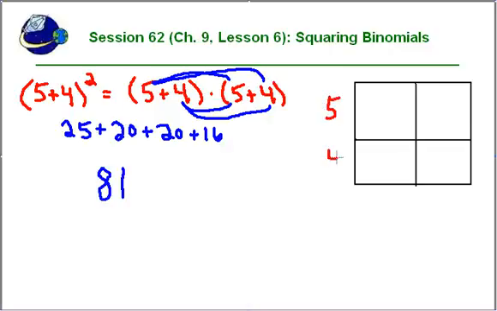Now let's come over here to the right and once again illustrate this with our rectangle. This length here is 5 plus 4, and this length across the top is 5 plus 4. So we're going to take each one of them individually. 5 times 5 is 25. 5 times 4, 20. 4 times 5, 20. And lastly, 4 times 4 is 16.